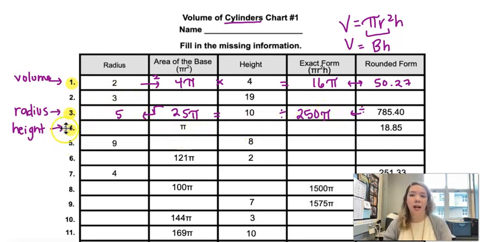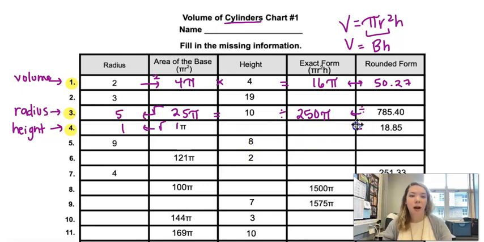So number 4 is the last type we will see on our chart that we haven't covered yet, and that's a missing height. And the main reason I wanted to do this one in particular is in front of this pi, if there's not a number, there's a 1 there. And if I want to go this way, the square root of 1 is 1. Okay. I also want to figure out my exact form because that'll help me find my height.